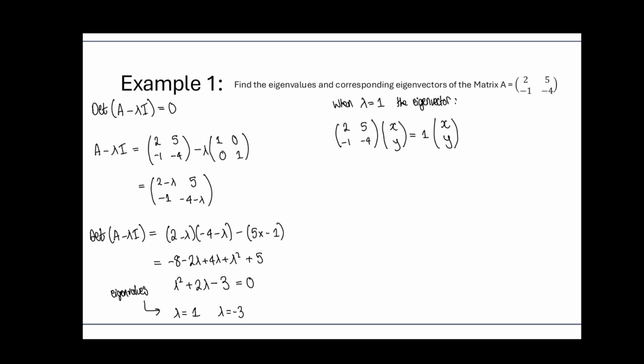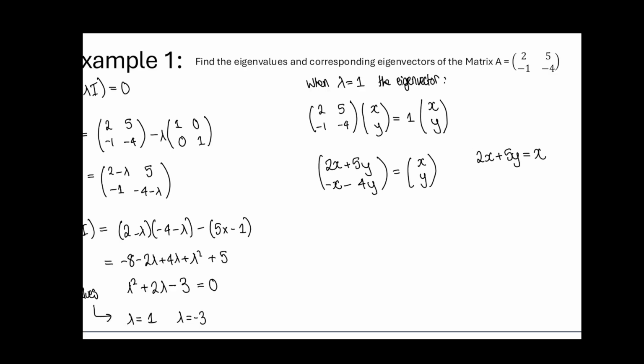If we now multiply the first two matrices, we get (2x plus 5y; minus x minus 4y), which is equal to (x; y). If we now equate the upper elements, we get 2x plus 5y is equal to x. Rearranging that gives us x is equal to minus 5y. This is exactly the same when we equate the lower elements as well.